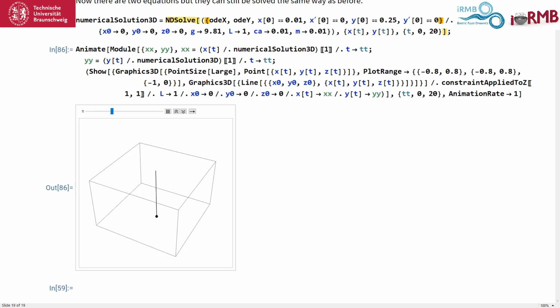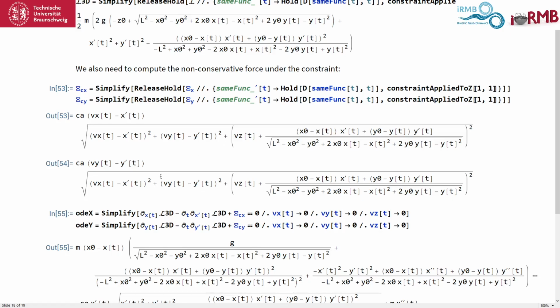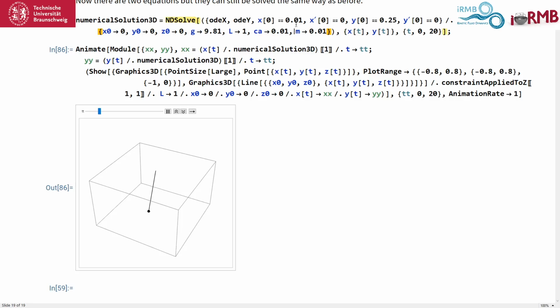Apparently I cannot change this because we have already set it to 0 here. So I would have to change this here, and then run this again, and run this again. See whether this works.